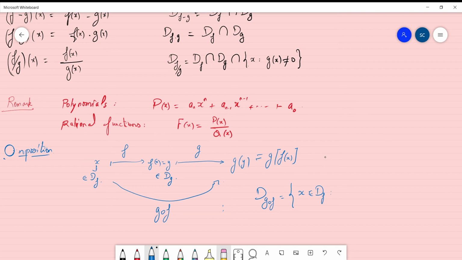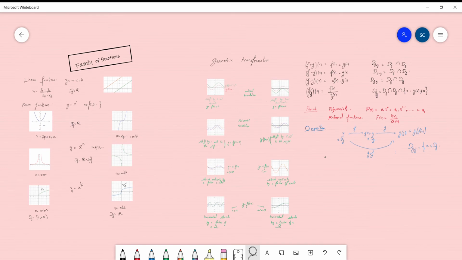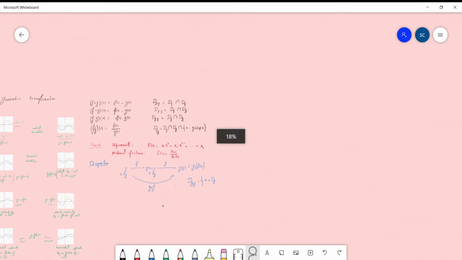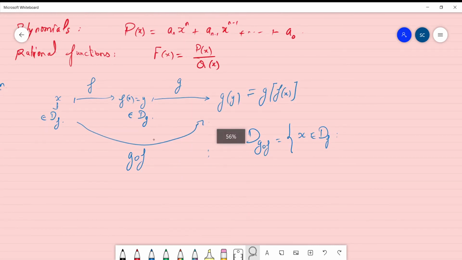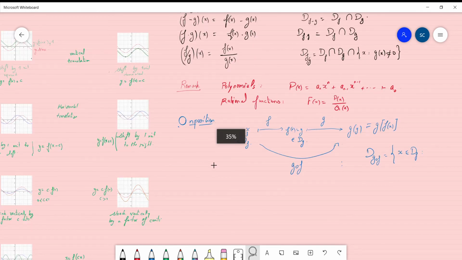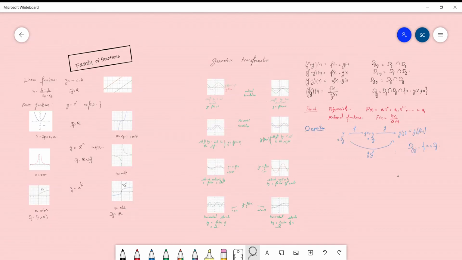Okay, you start using x here. Here is our x, and we want also that our f(x) to be here.